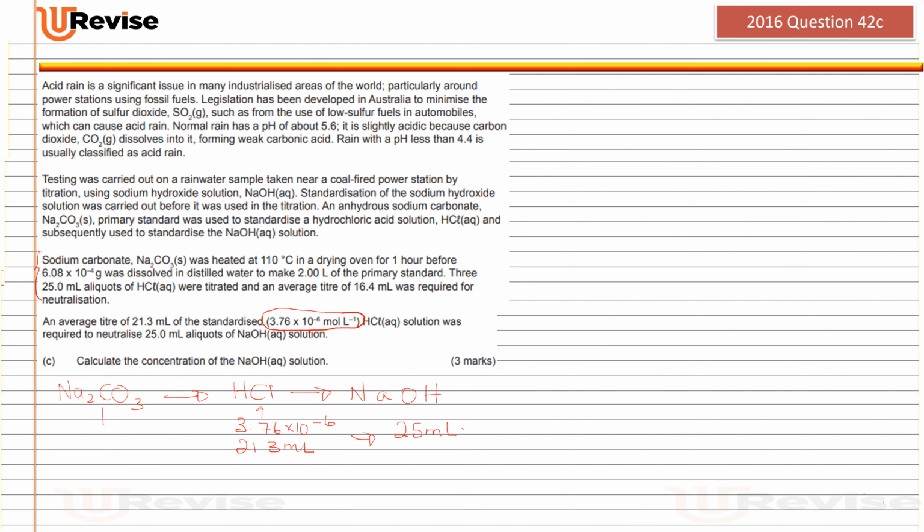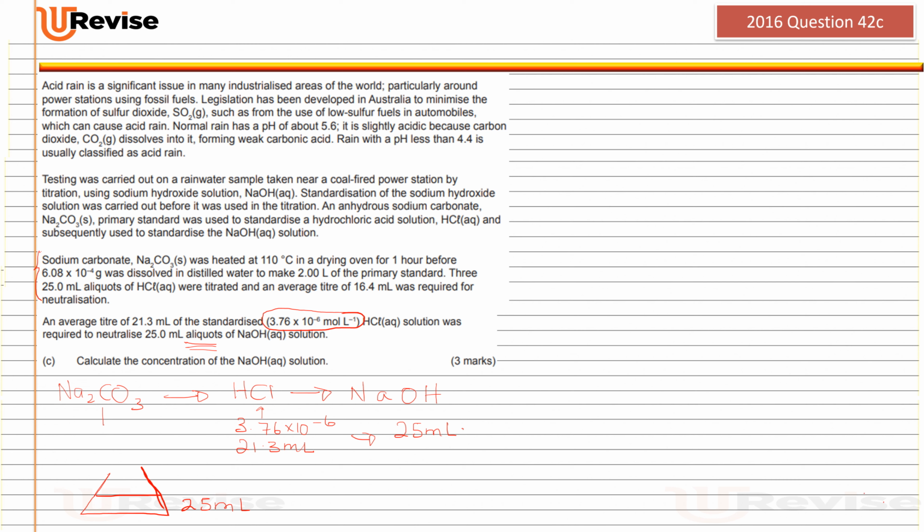Now, this is how this would look graphically. Imagine you had a conical flask. In the conical flask, you put 25 mils of sodium hydroxide. How do I know that the sodium hydroxide is in the conical flask? Because these are aliquots, and aliquots go in the conical flask all the time.